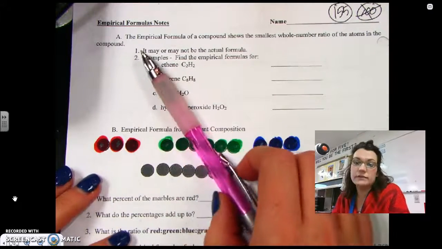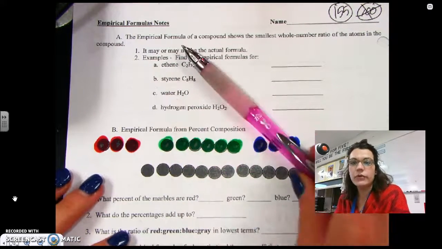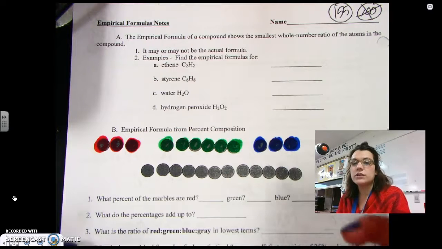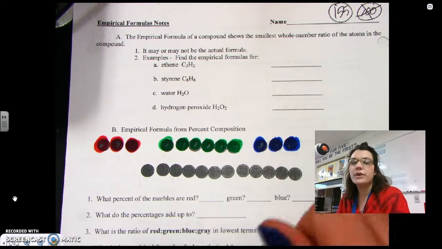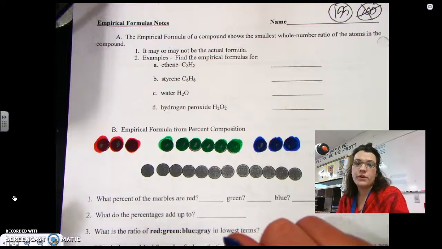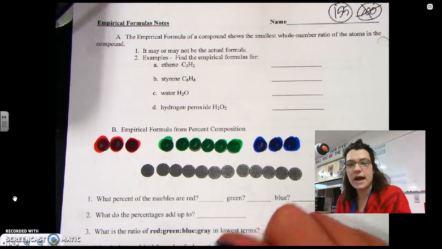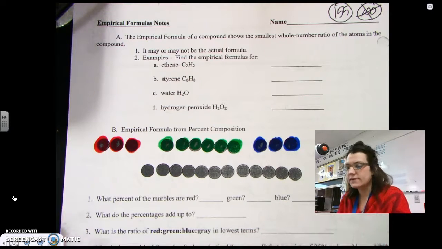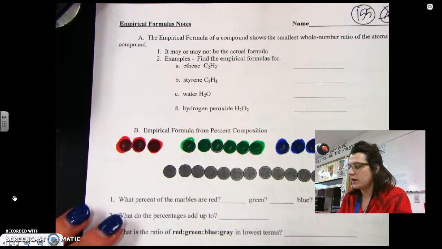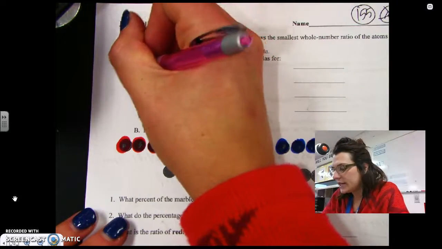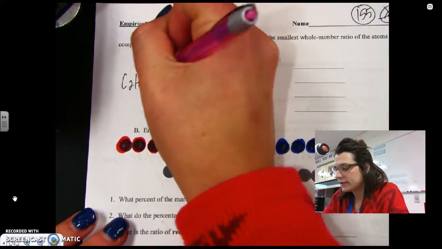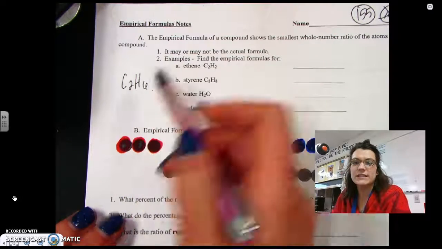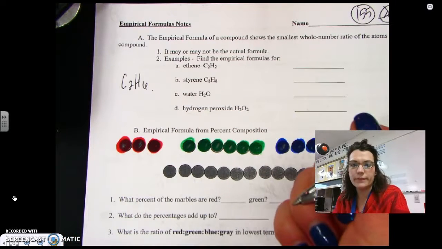Or let's define what empirical formula is. Empirical formula is a compound that shows the smallest whole number ratio of the atoms inside of the compound. Okay, meaning if I have something like C2H6, this ratio, 2 to 6, is not the smallest whole number, right?